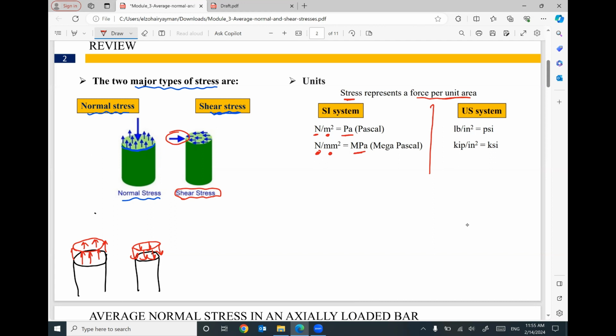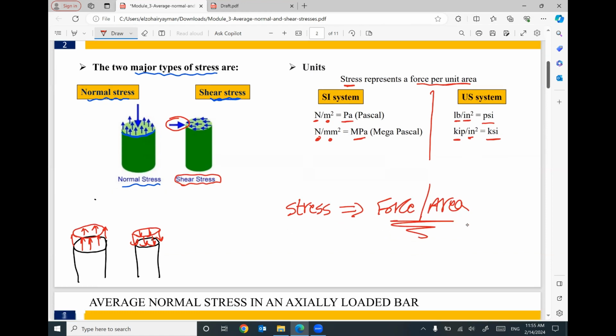If we are using the US system of units, the force in pounds and the area in inches squared, it will be PSI, or kips per inch squared, which is called KSI. So the stress is a value measured in units of force per area. This is the unit of the stress.